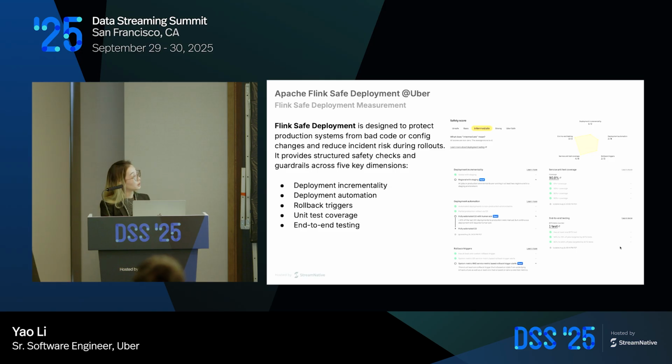On the top, there are some predefined safety levels, and for each level there are requirements on the scores in a given set of verticals. We use this system to quantitatively evaluate the deployment safety of a Flink job. Usually, the higher the score or level your job achieves, the more safety features are adopted, and we expect a lower risk of production incidents.